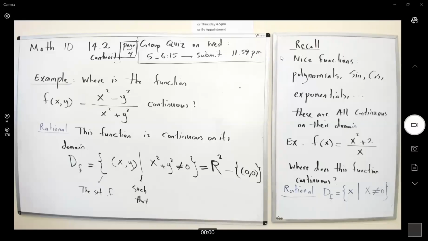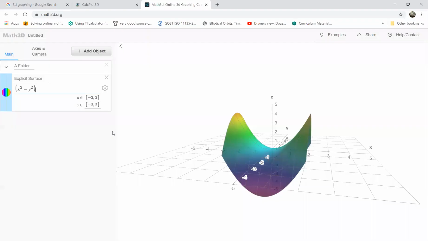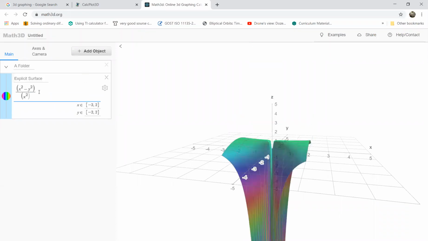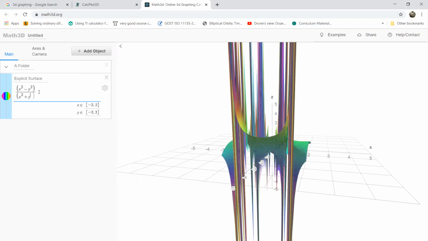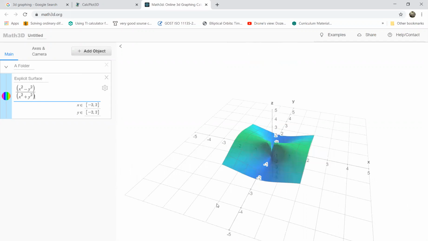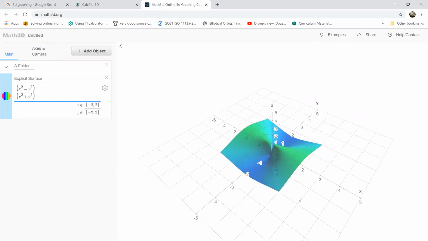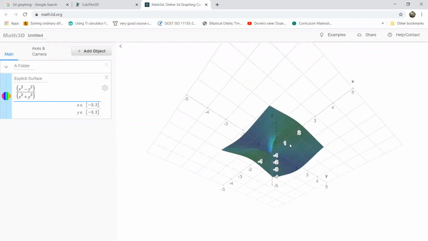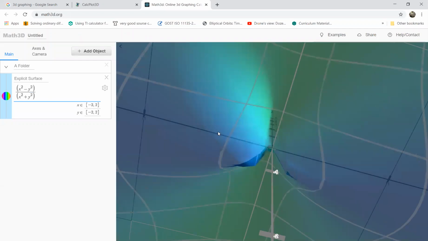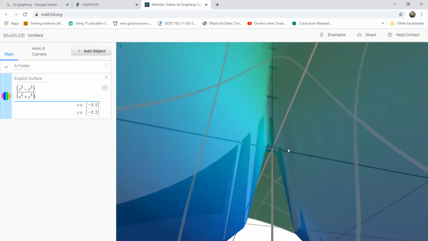Let us take a look at the graph. So we have x squared minus y squared divided by x squared plus y squared. Okay, here we go. We have seen this function before. Remember that we calculated the limit and it didn't exist near the origin, 0 and 0.